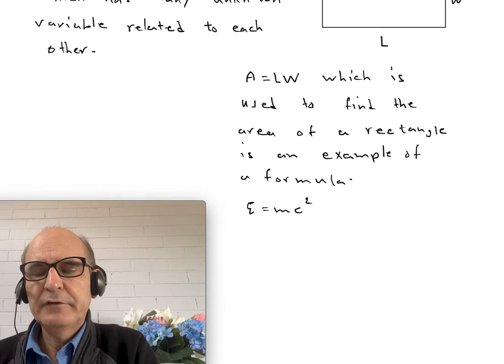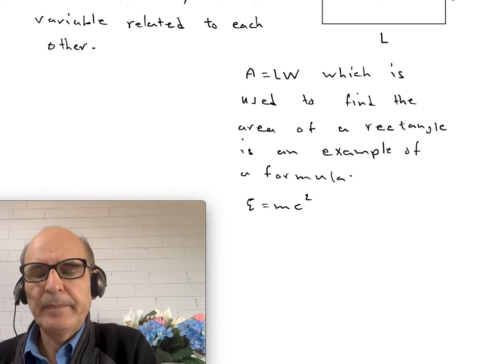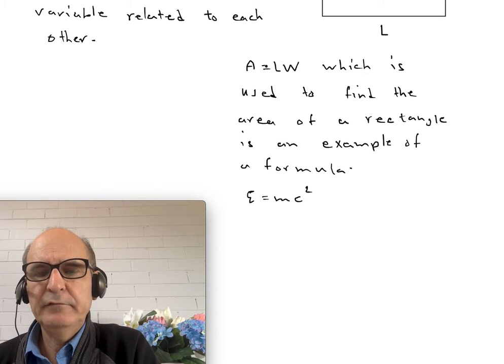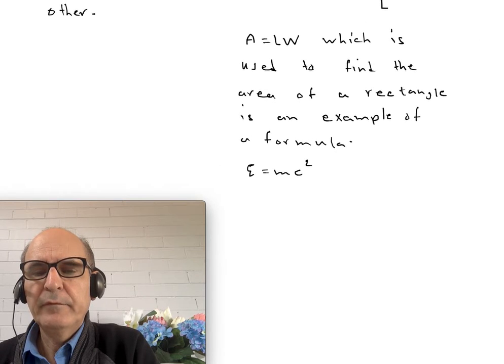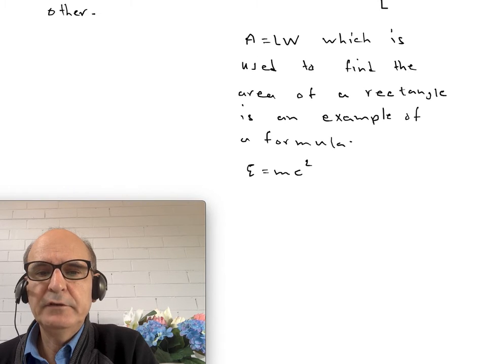Alright, now we know what's a formula, which is an equality which relates a number of variables together. We cannot extract any values from this or any equation or any formula unless we have all variables given to us except for one.